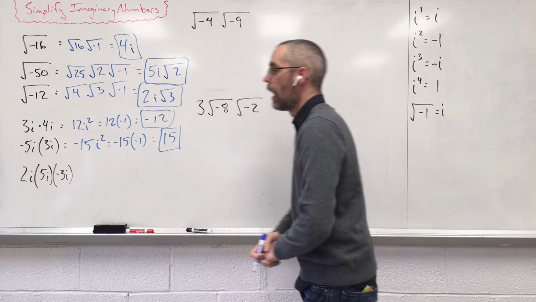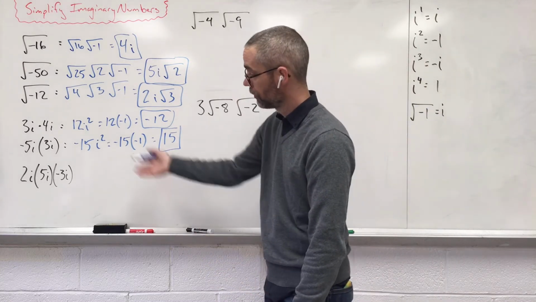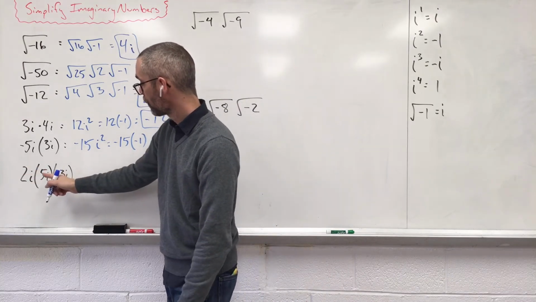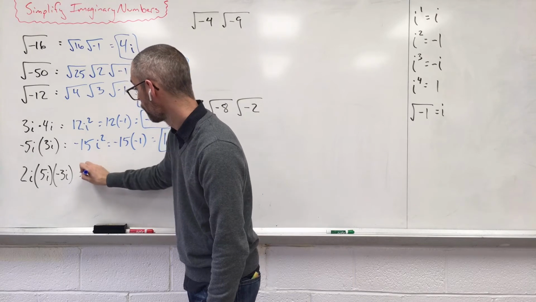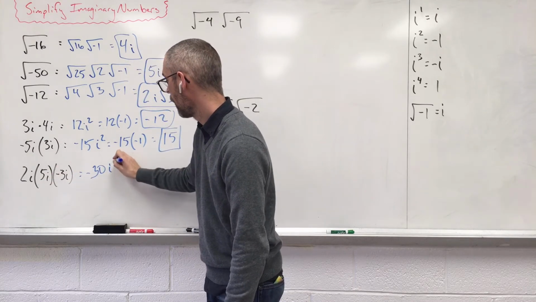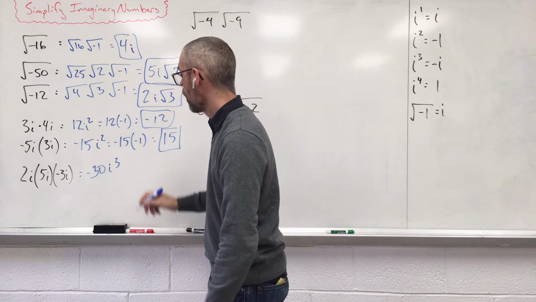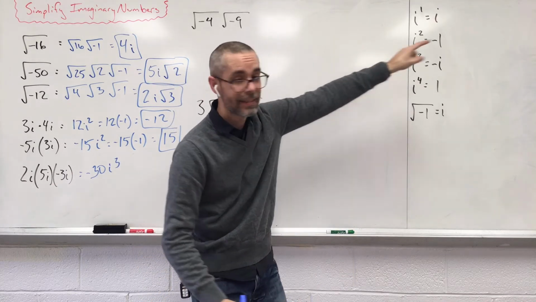+15. And what if we have three terms that we multiply together? Well, same rules. 2 and 5 gives us 10. 10 and -3 gives us -30. i times i times i gives us i to the third power. I don't like i to the third power. i to the third power is -i.